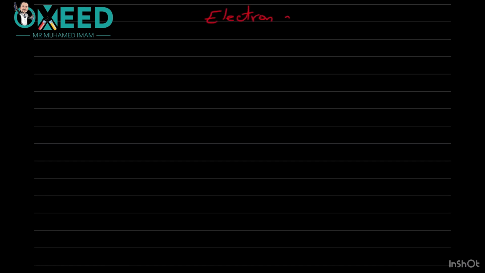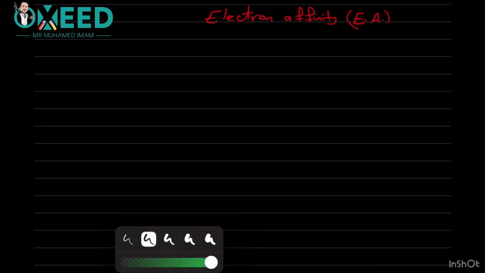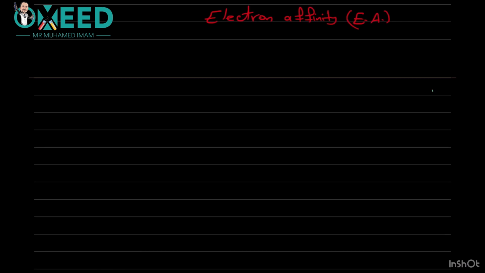Electron affinity, which is the opposite of the ionization energy. Suppose we have a nucleus for an atom which contains 7 electrons in the outer level.